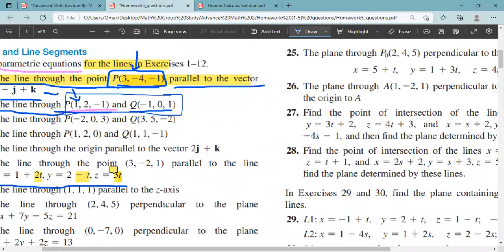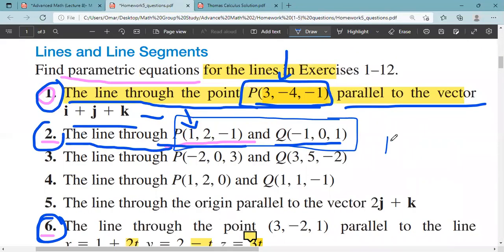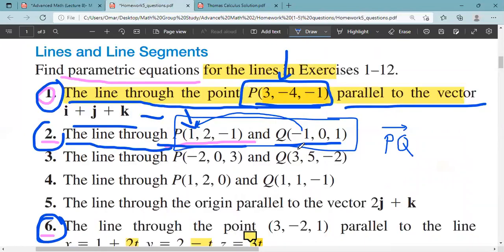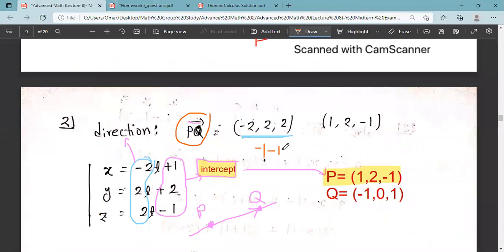Finding a direction is very simple. We are just calculating P to Q, right? So we have to subtract P from Q. So minus 1 minus 1, that is minus 2, right?